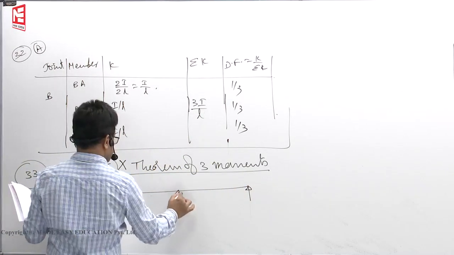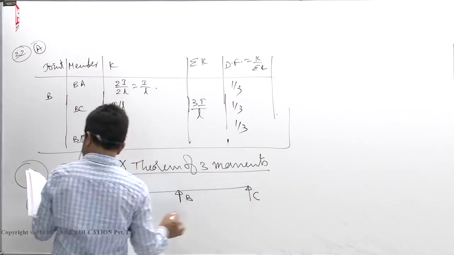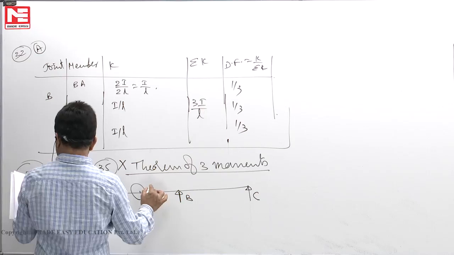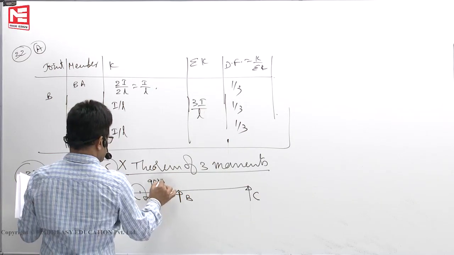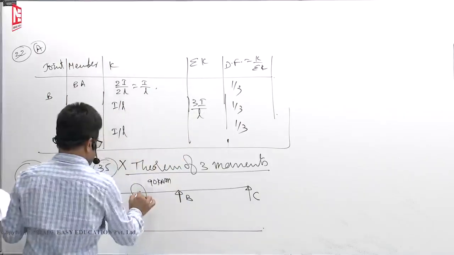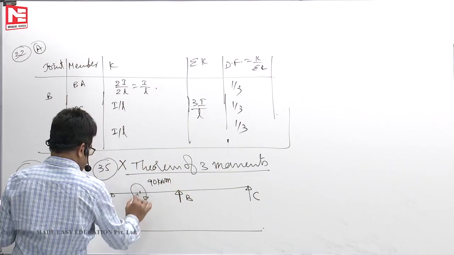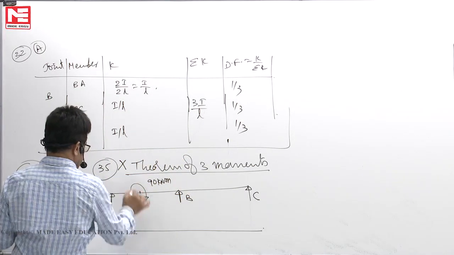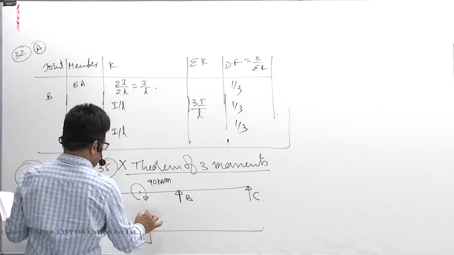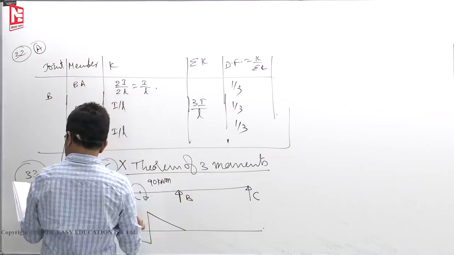A, B, C. Then you are applying somewhere here a clockwise moment of 90 kilonewton meter. So when you write the bend moment diagram, it will go like this. Clockwise means here reaction is anti-clockwise, downward force is negative bend moment, down, up. This is the bend moment diagram.